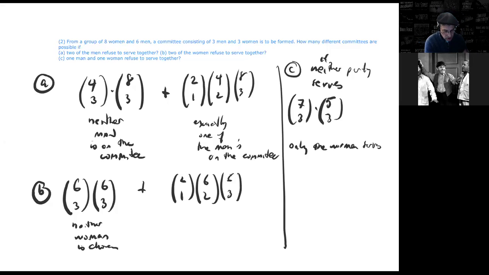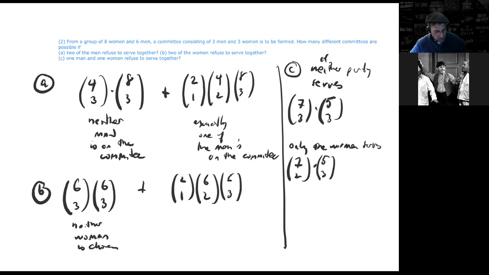Then we have to choose the remaining 2 women from 7 women, because we already have one of the women. And then the men are being selected. We have to leave one of the guys out, so there's only 5 men to choose from. Out of 5 men, we have to choose 3.